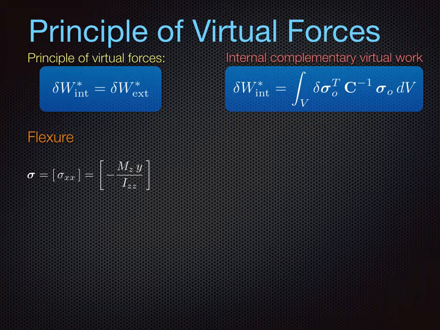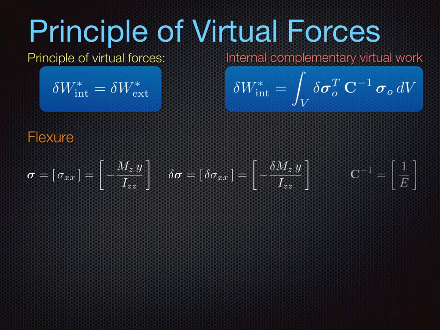That would be sigma xx, and that is related to the internal moment diagram mz as follows: sigma xx is minus mz y over izz, and likewise the virtual stress, del sigma xx, would be equal to simply minus del mz times y over izz.